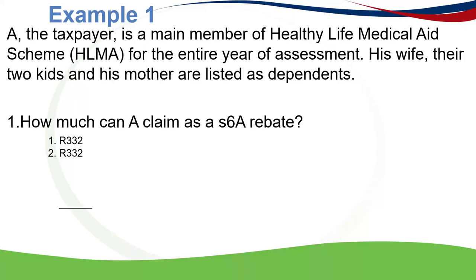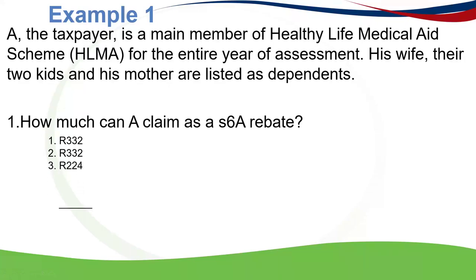So for the first 2 people, it would be 664. And that 664 is the sum of the 332 as well as the 332 for the second dependent. Right.